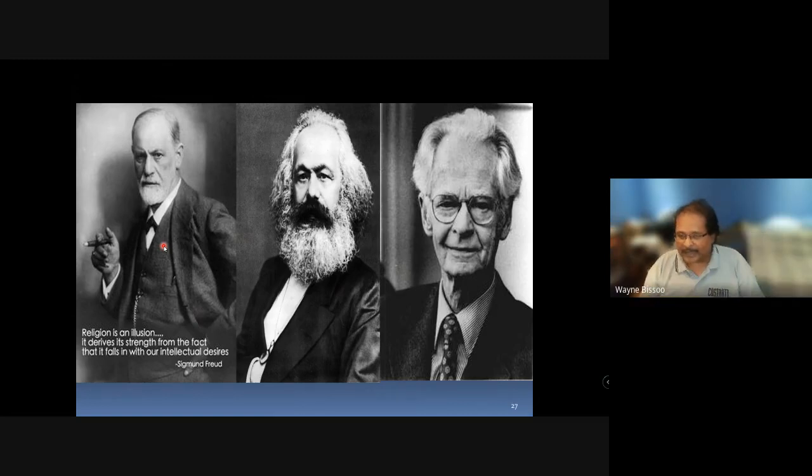Now, this is Freud. He has a lot to do with the development of psychiatry and the concept of the id and that type of thing. This gentleman here is Karl Marx, a social theorist and anthropologist, and he developed a lot of theories that dealt with understanding society, and some of his theories have been useful.